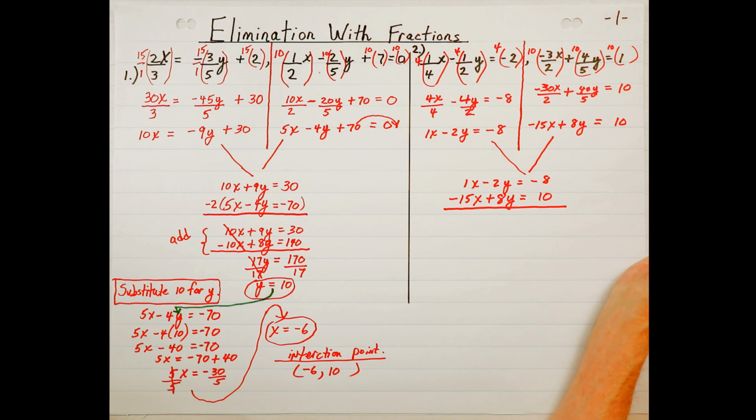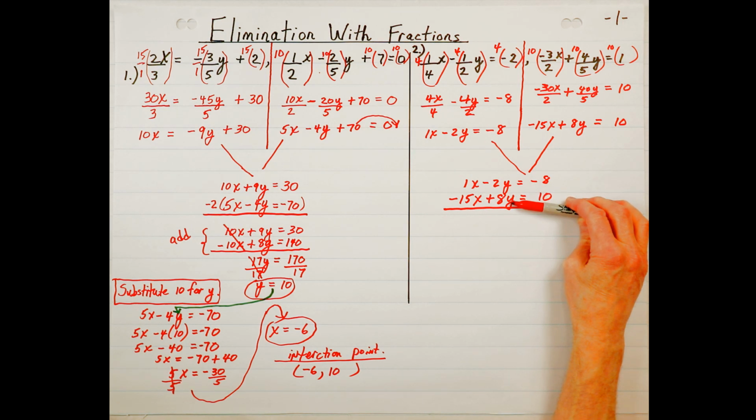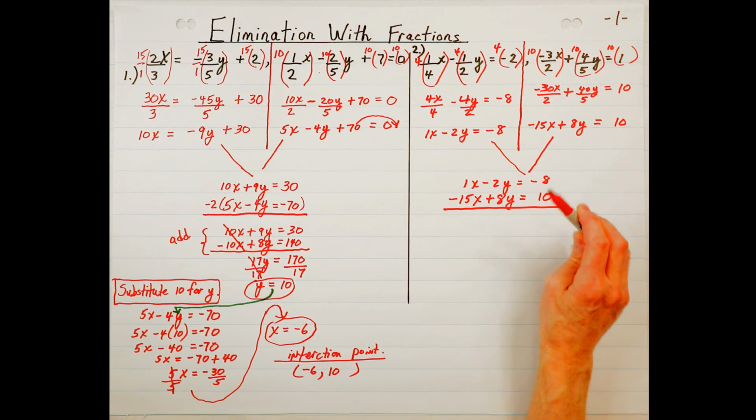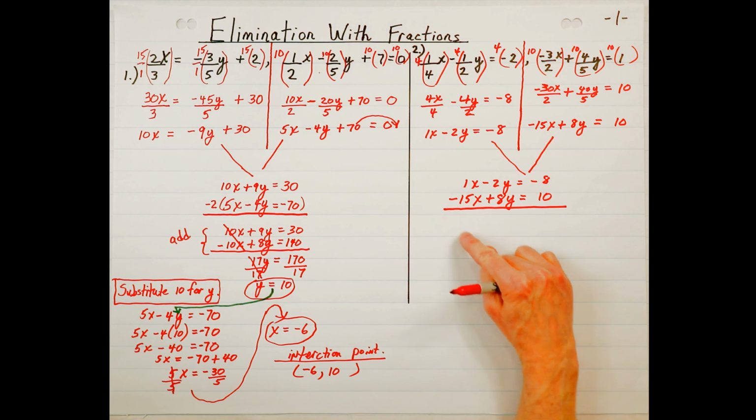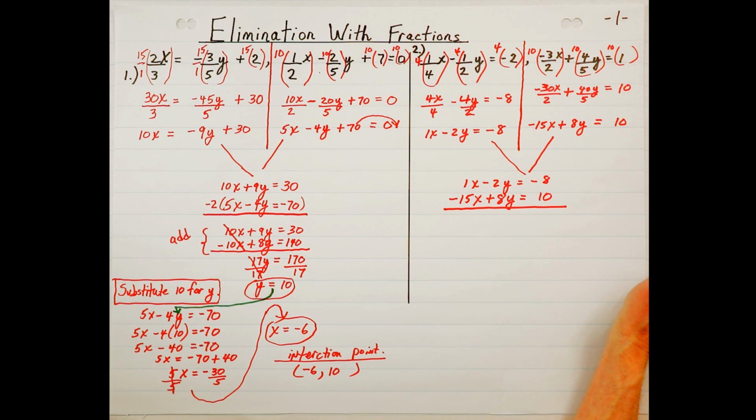I would say the easiest thing to do here is to eliminate the y's. Well, first let's add them up and see. 1 and negative 15, they don't cancel. Negative 2 and 8, they don't cancel. So we have to multiply to set up a canceling situation.